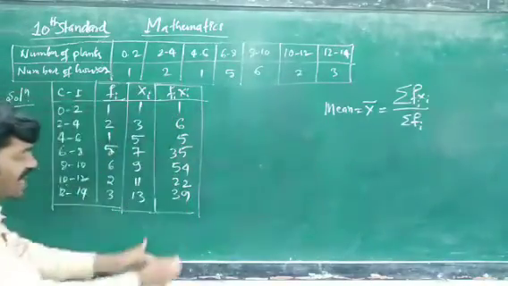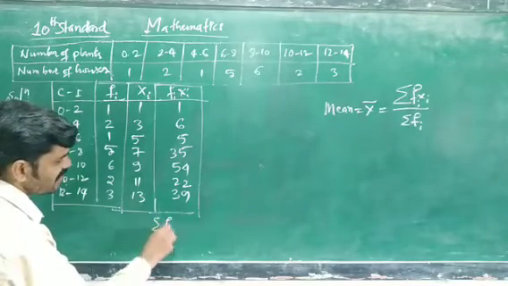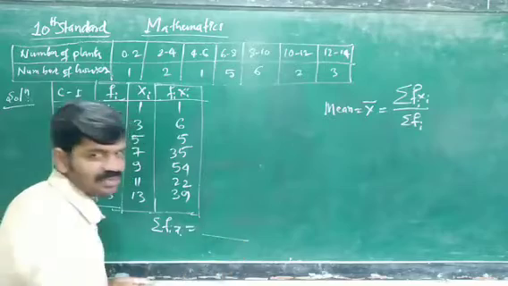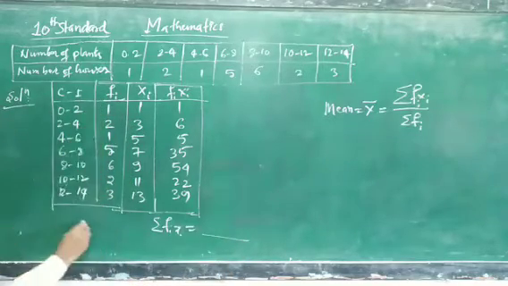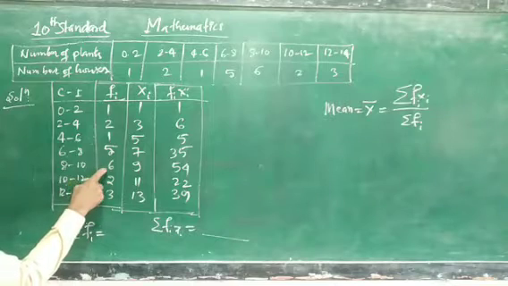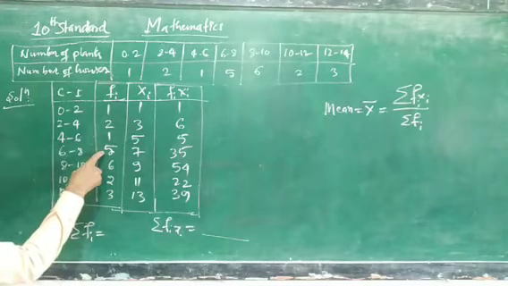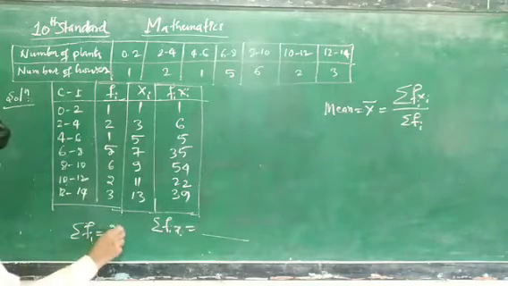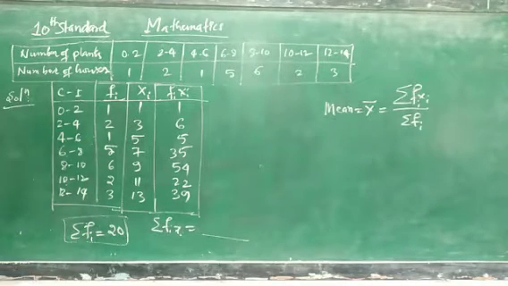Now we add summation of fi: 1, 3, 4, 9, 15, 17, 20. So summation of fi is 20.